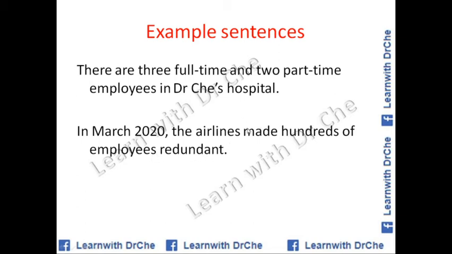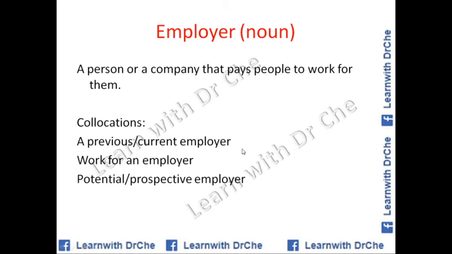To make redundant, to tell a worker that you can leave the job because there is no more work. This is not because they don't work very well, this is because they're not needed anymore, there's no more work. Okay, this is the difference between dismiss and redundant.